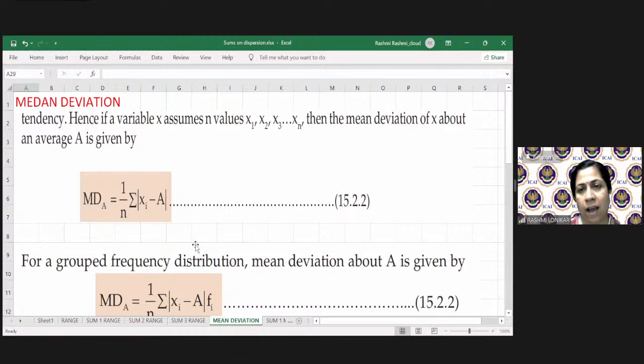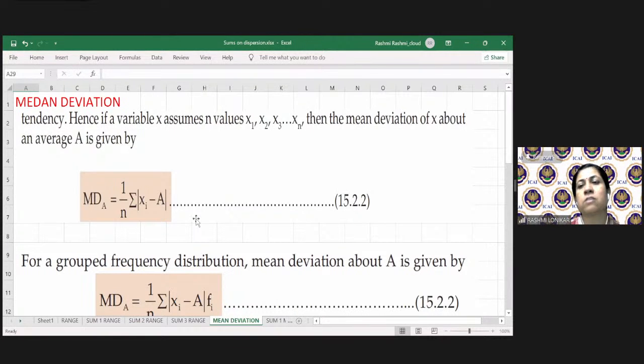If the data is x1, x2, x3 up to xn, then if I find the mean and try to find the mean deviation about the mean, it is written as MD about a is equal to 1 upon n summation of the absolute value of x minus a.